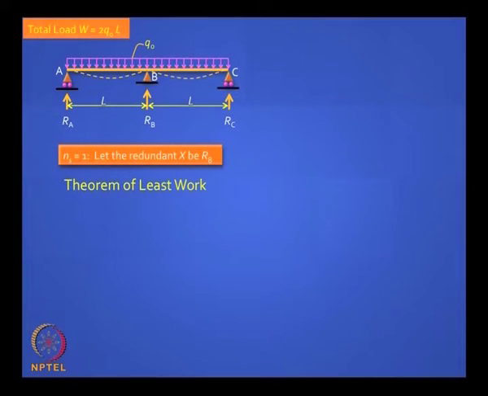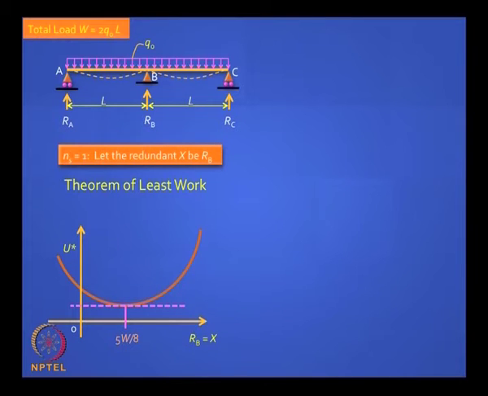Simple demonstration which I asked you in an earlier class. Let us say you want to solve this problem and the support reaction in the middle is treated as the unknown x. You remember I said every student in this class can give his own value of x, and you can compute strain energy.